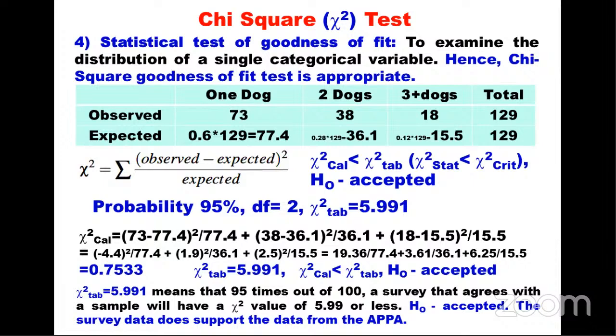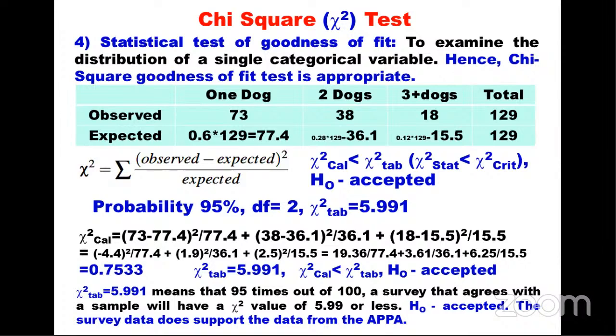Now, chi-square from that table, it comes to 5.91. So here 5.91 is greater than the chi-square calculated. So chi-square calculated is less than chi-square table. So H0 is accepted.